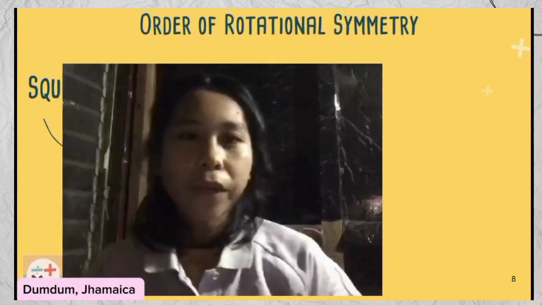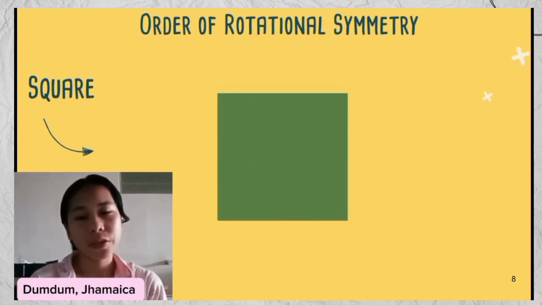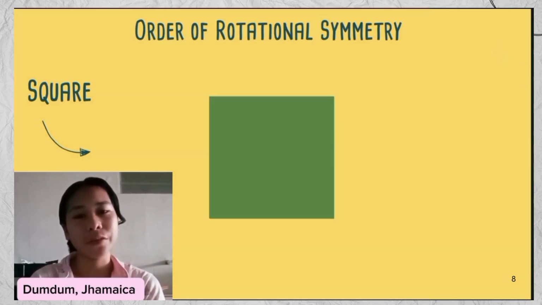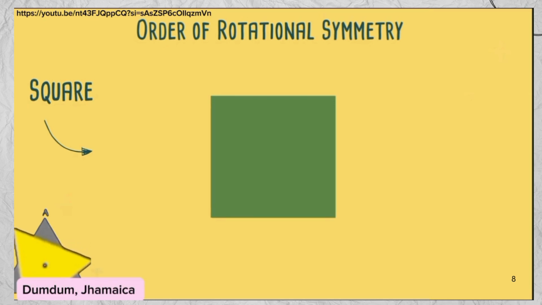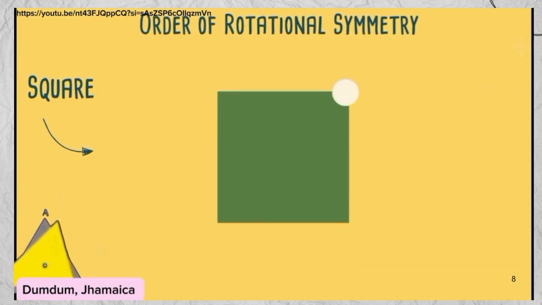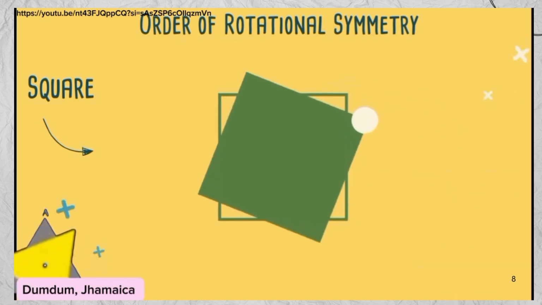So I have here an example of rotational symmetry. Let's see if it has rotational symmetry, and if so, what is the order of rotational symmetry of this square? It is the number of times it will look the same when rotated 360 degrees around its center point. You can mark a reference point on the shape to keep track.